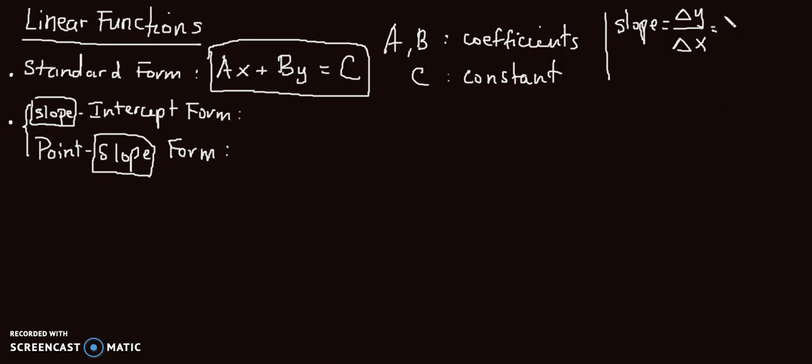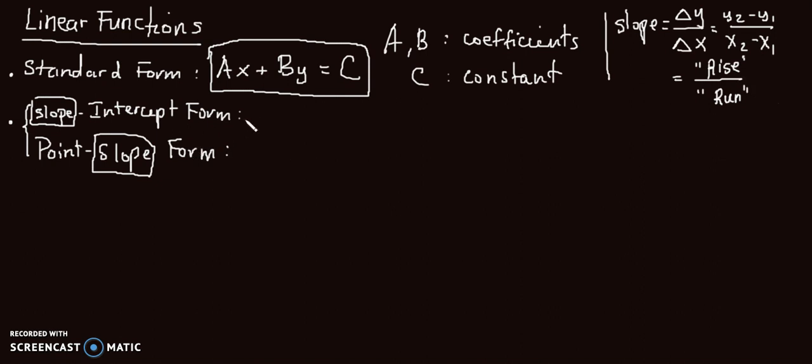Specifically, you have y2 minus y1 over x2 minus x1. Graphically, when you use this definition for graphing a linear function, the change in y would be rise over the change in x, which is run. We'll talk about this later when we review graphing.